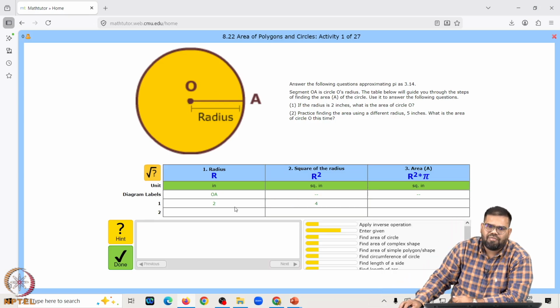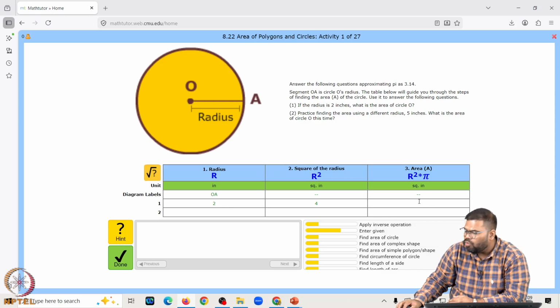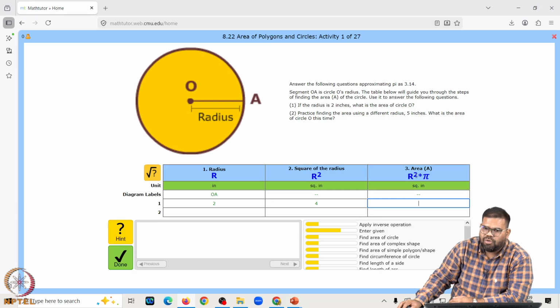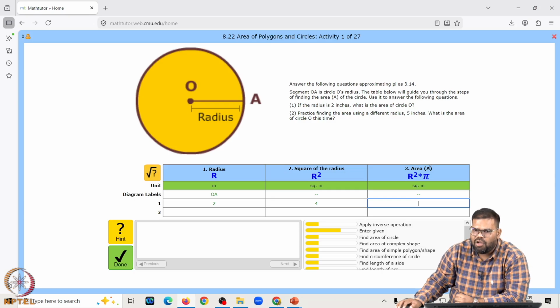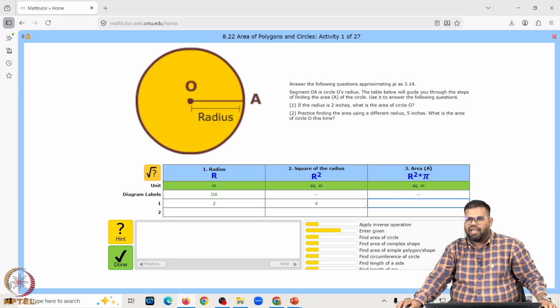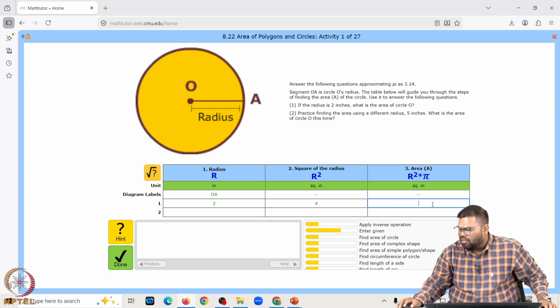So now we have the radius, then r square, and now we have to do r square into pi. I don't know exactly what the value of r square into pi is.